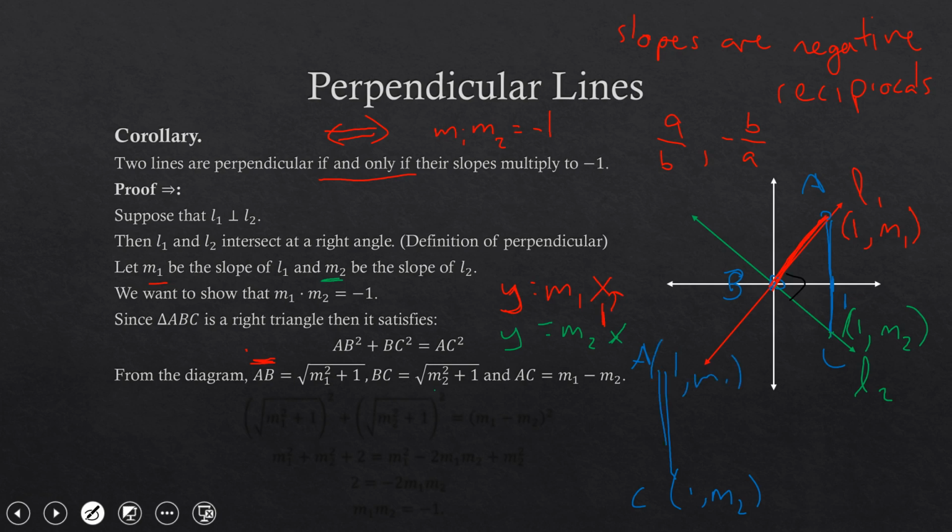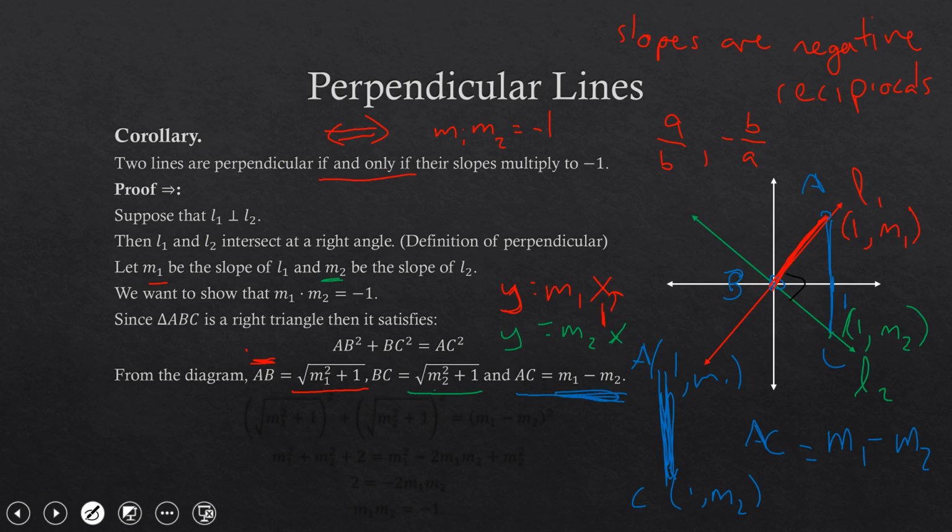And so to find the length of this, we just subtract m2 from m1. So that means that AC is equal to m1 minus m2, that length right there. All right, so we've got our three lengths. We've got AB, we've got BC, and we have AC.